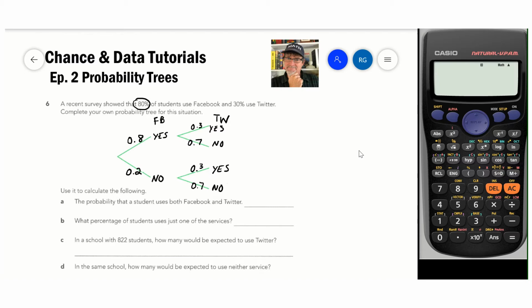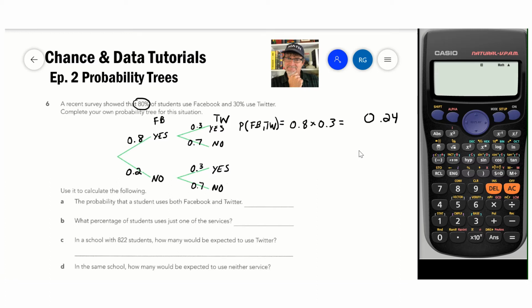Now all we've got to do is multiply these probabilities across. This first one is going to be the probability that they use Facebook and Twitter. We're going to multiply the 0.8 times the 0.3. 0.8 times 0.3 gives us 0.24. Let's keep going.